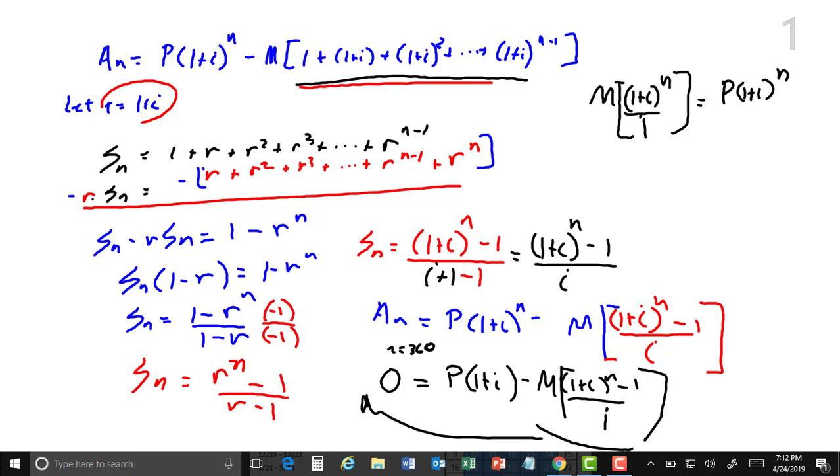Right? So now if I multiply by the reciprocal of this, then I can finally get m by itself. M will be equal to, now this i will come to the top, so I have P times i times 1 plus i to the n all over, and then this bottom part, because it flipped now, is 1 plus i to the n minus 1.